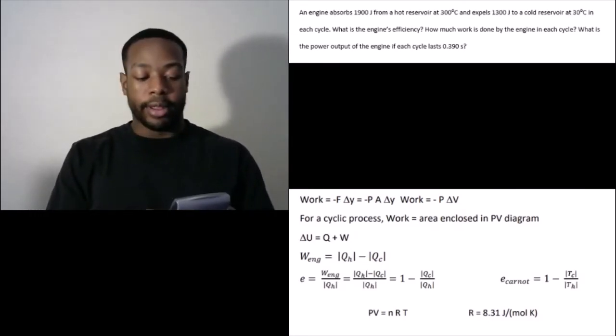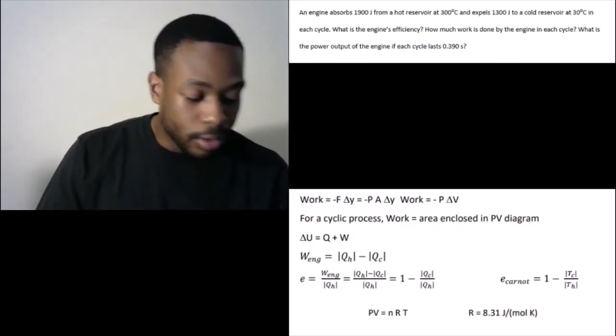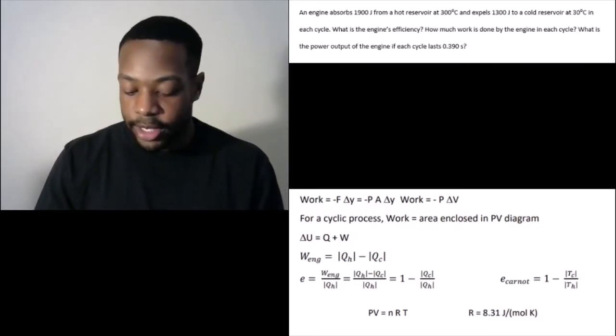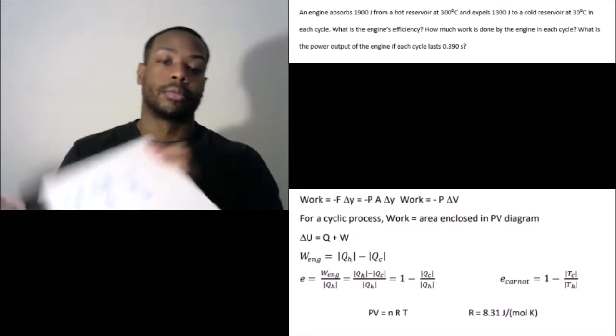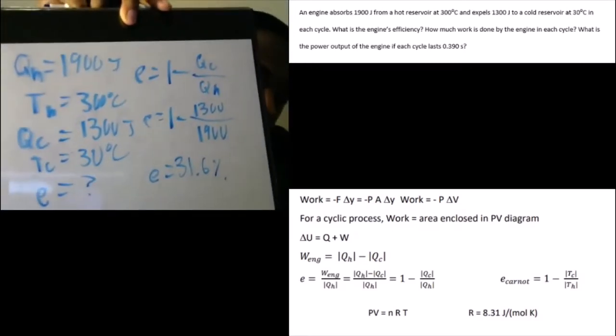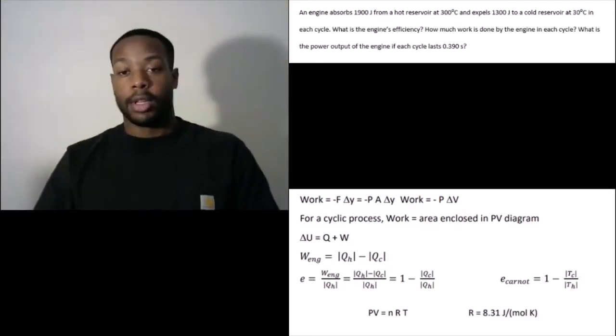Take your time to put that on the calculator. We're getting 31.6% as our efficiency, or 0.3157, so 31.6%. And that is the first part.